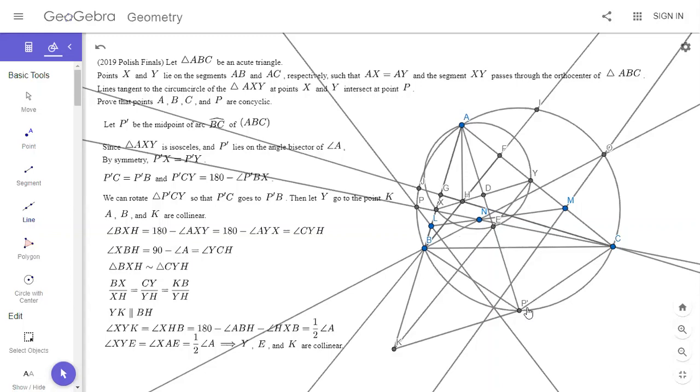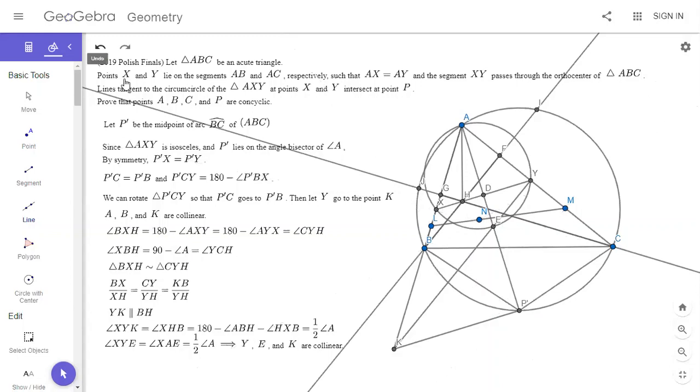Okay, so let me see. We have that configuration, but we can show that they're collinear because the angle that IP makes with XY is equal to angle A, and we can calculate that.